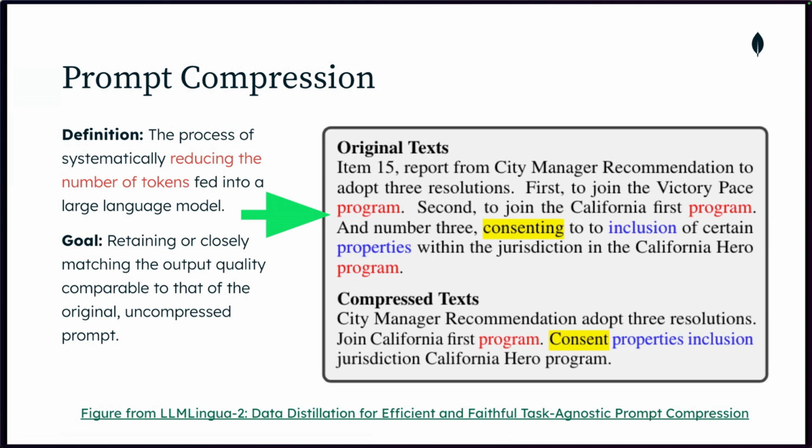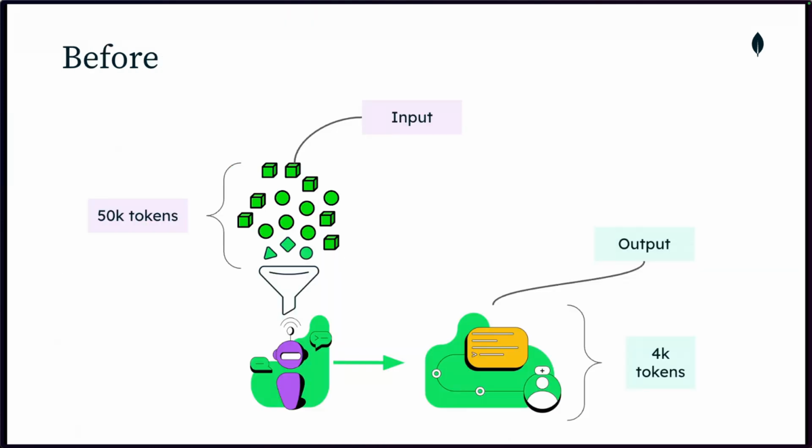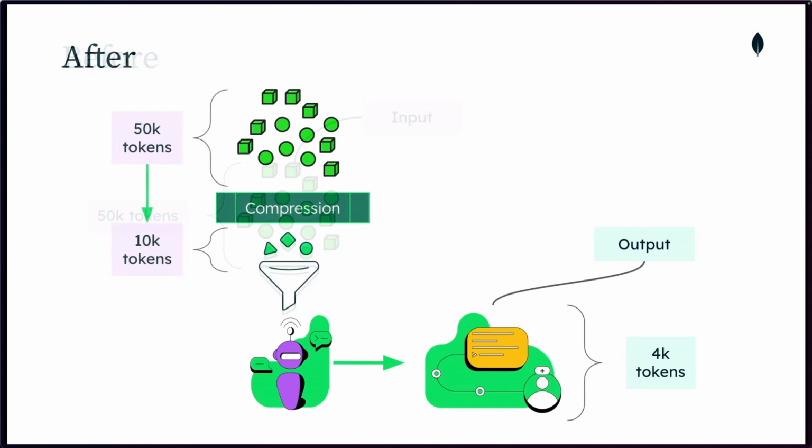And so what we can see here is we can go from a prompt that is 50,000 tokens, and the output is going to be 4,000 tokens. We could compress that down to 10,000 tokens, and we're still going to get that same output. And again, this is one of those things that you just kind of have to test in your environment and see how much compression is too much and how much is just enough.